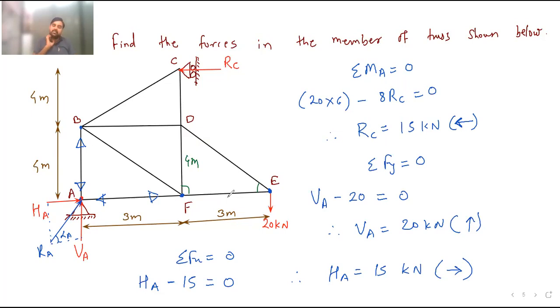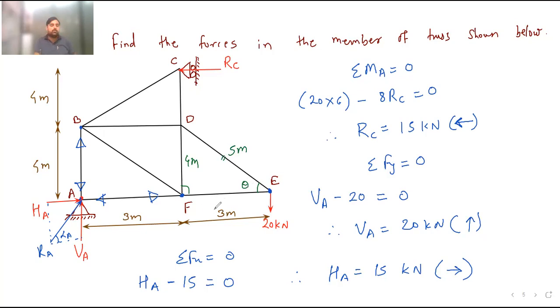Use tan theta. Tan theta is equal to opposite side upon adjacent side. So opposite side is 4 meter, divided by adjacent side, which is 3 meter, because this will become your hypotenuse. If this is 3, this is 4, and this 90 degree, then this will become 5 meter. Hypotenuse is 5.